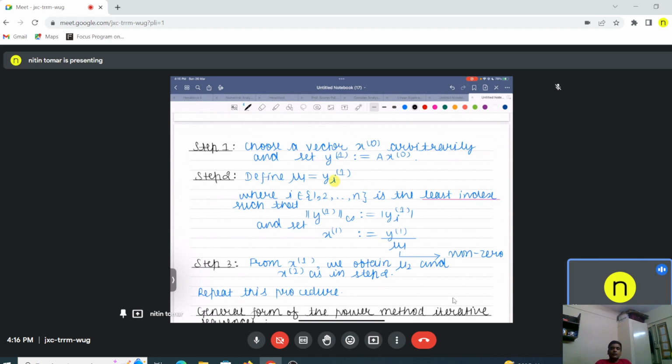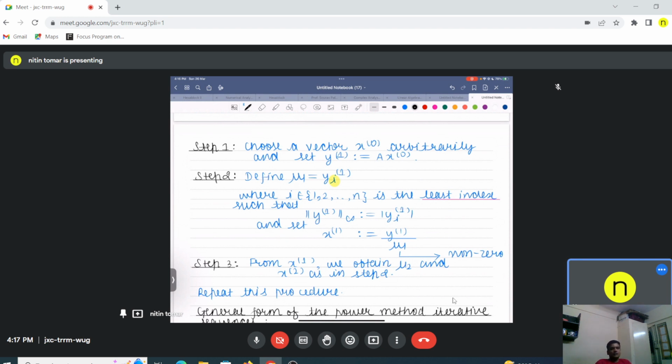Now you take mu1 to be the component of y1 where it attains its supremum norm, and you choose i to be the least such index. Then you define your first iteration x1 as y1, which was already Ax0, divided by mu1.